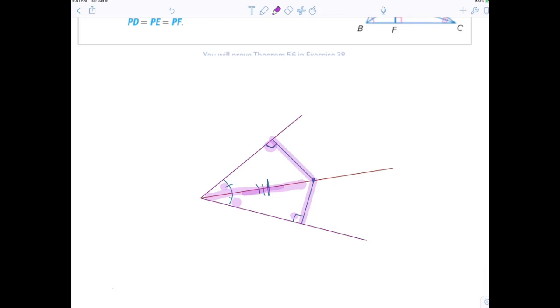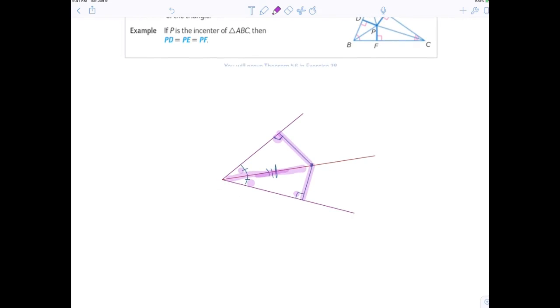Any point on the angle bisector is equidistant from the sides. Well, no, perpendicular is assumed there. It's just from the side, like you said, from the side of the angle. Everybody with me? So if I draw an angle, now what he's saying is true. But if I draw from here to here, is that the distance to that side? Yes or no?